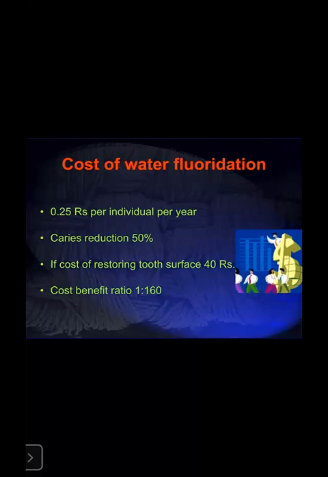Actually, this slide is just to show you how important water fluoridation is. If a country goes for public water supply and goes ahead with public water fluoridation, it will reduce dental caries and reduce the burden of caries on society. And the economics you can understand clearly: the cost is only 0.25 rupees per year, while if an individual goes for even one restoration, anybody will pay at minimum 800,000 rupees, which is almost 200, 300 times. Okay.